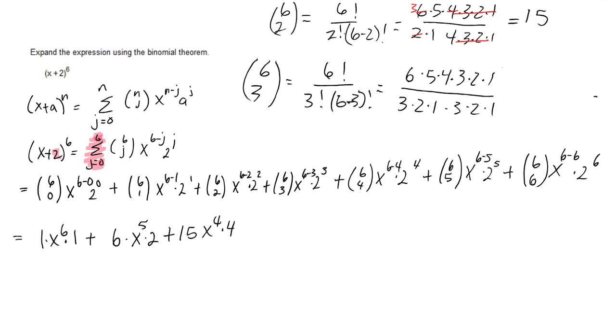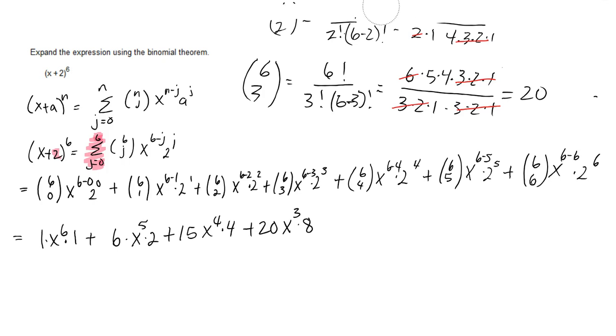A bunch of stuff cancels. 3 times 2 is 6, that cancels with the 6, and we're left with 20. So we have 20 times x to the 3rd times 8. So let's do 6 choose 4.